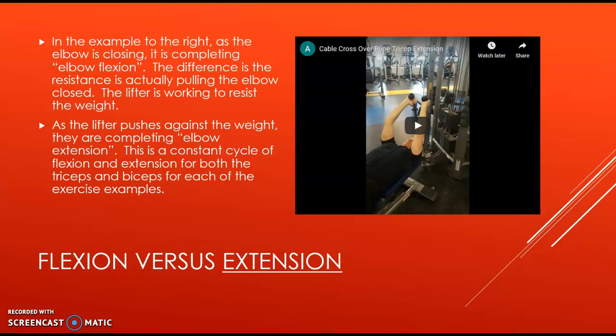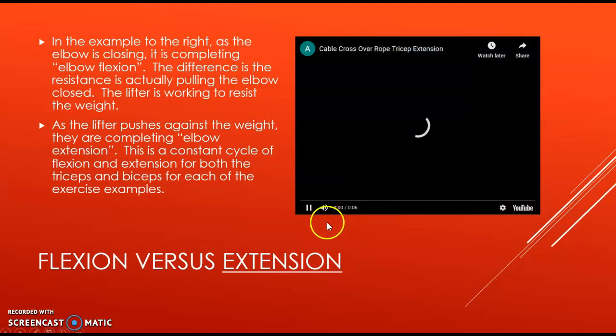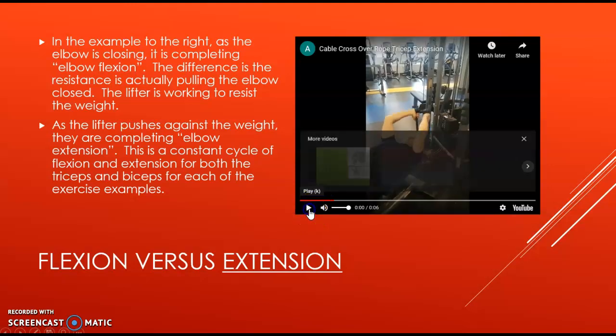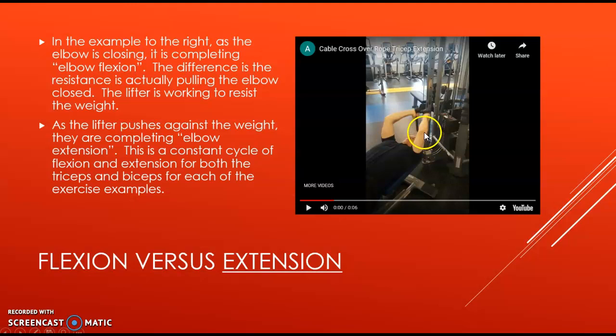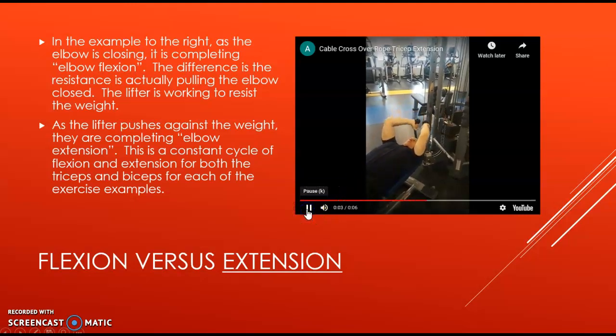So we notice we have this underlined here for extension versus flexion. And in this case, the participant is lying on their back and they're doing tricep extension where they, under resistance, are extending the elbow, extension, flexion, extension, flexion.